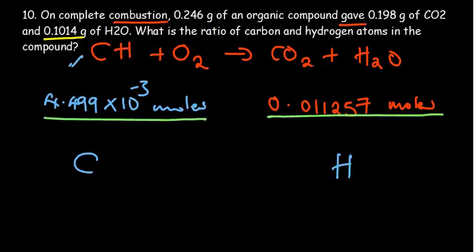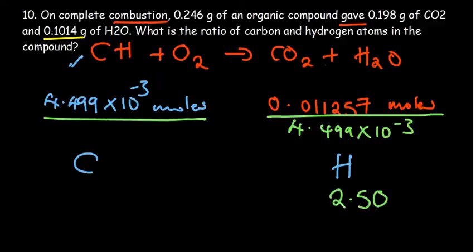So I'll just go direct and divide into the other one. 0.011257 divided by 4.499 times 10 to the power negative 3. So here I'm getting a value of 2.5. So even if I was to consider 3 significant figures, I'll still get 2.50.